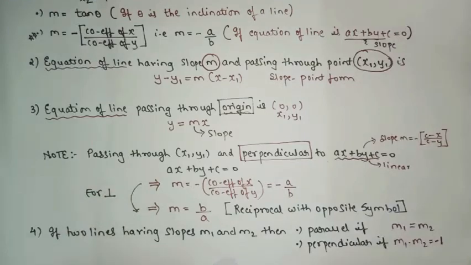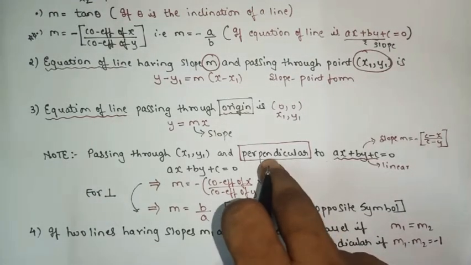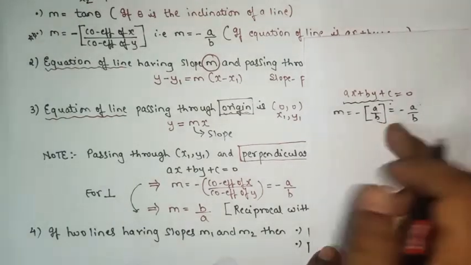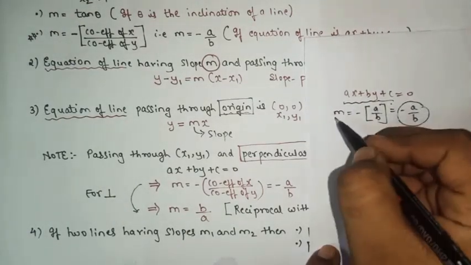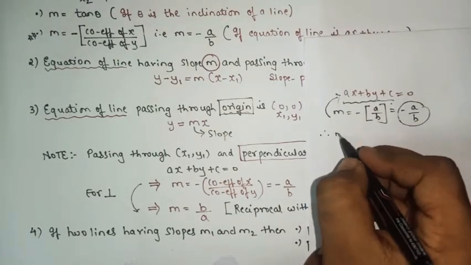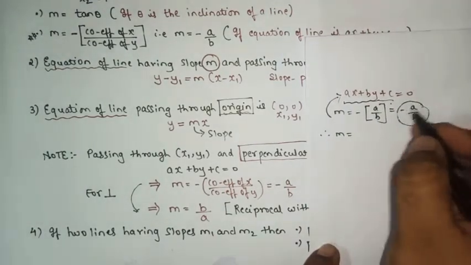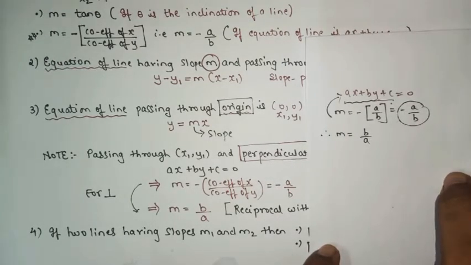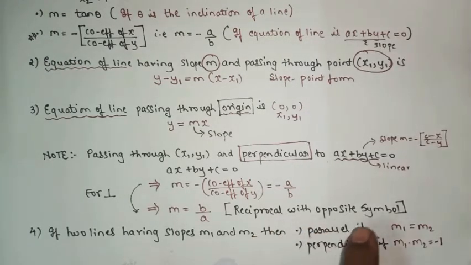But in a statement, whenever the word perpendicular comes, after finding the slope of this line, the next step is that you will take the reciprocal of this value with the opposite symbol. Reciprocal with opposite symbol.